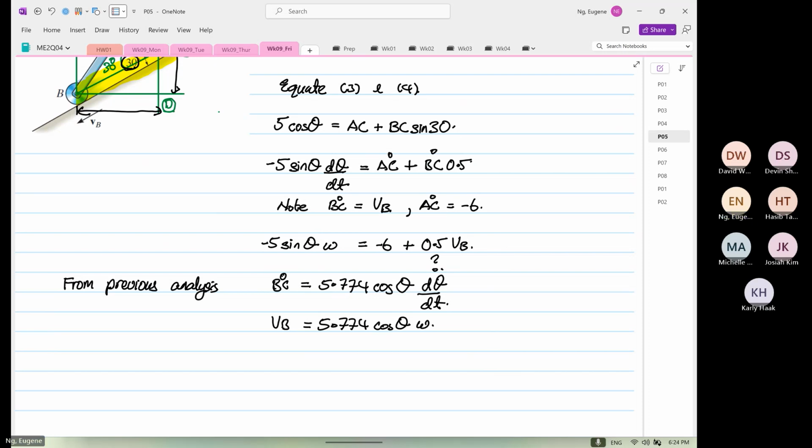Okay. So this is our equation number 5. This is our equation number 6, right? So we are given that theta is equal to 45 degrees. And that's all we are given. Okay. So we're going to substitute equation 6 into equation 5.